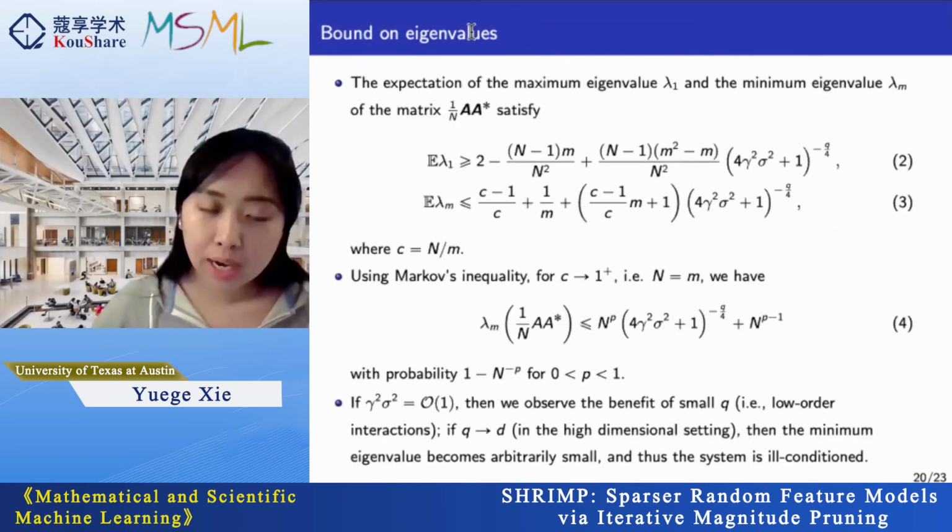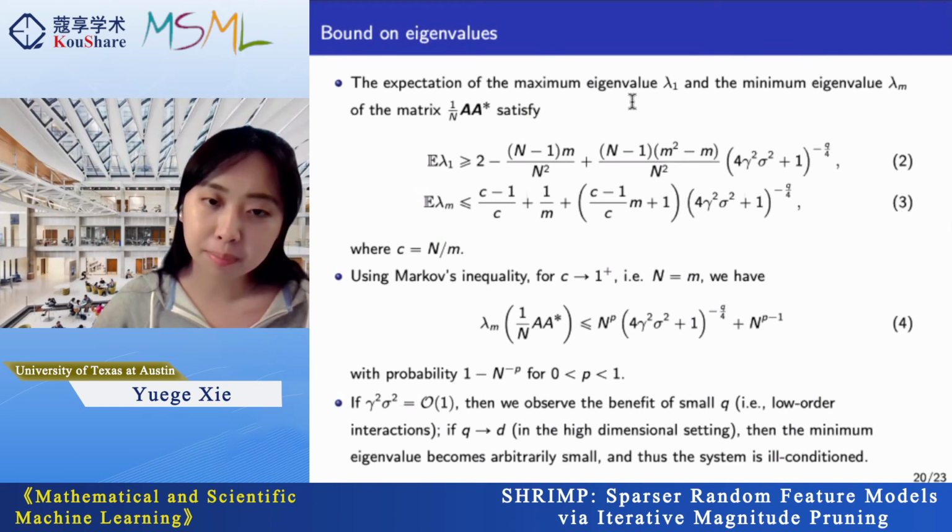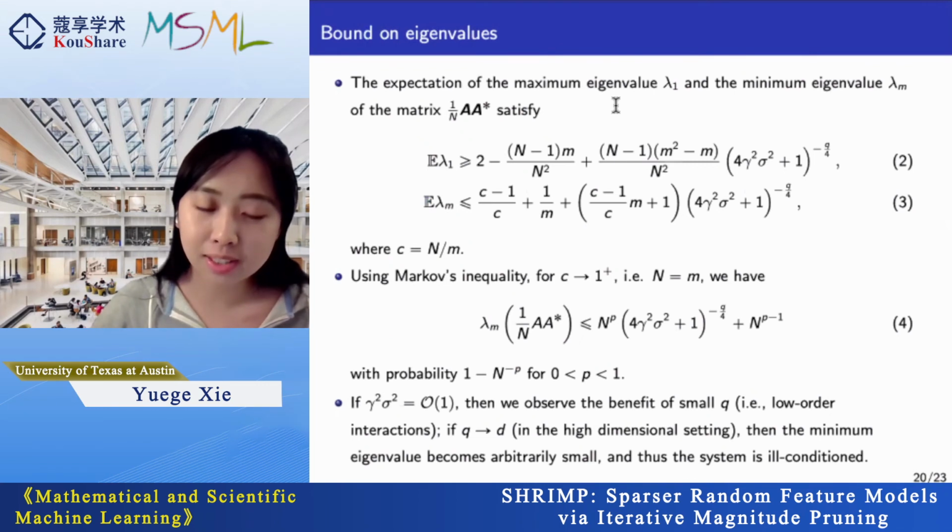And also we have the explicit theoretical bound on the Gram matrix. The bound is based on the work Dr. Chen mentioned before in the last talk. You can refer to that one. Inspired by that work, we proved the expectation of the maximum eigenvalue and the minimum eigenvalue of the Gram matrix.